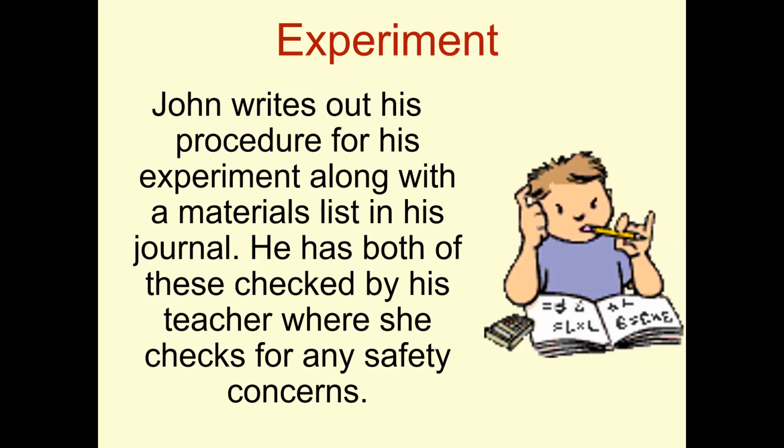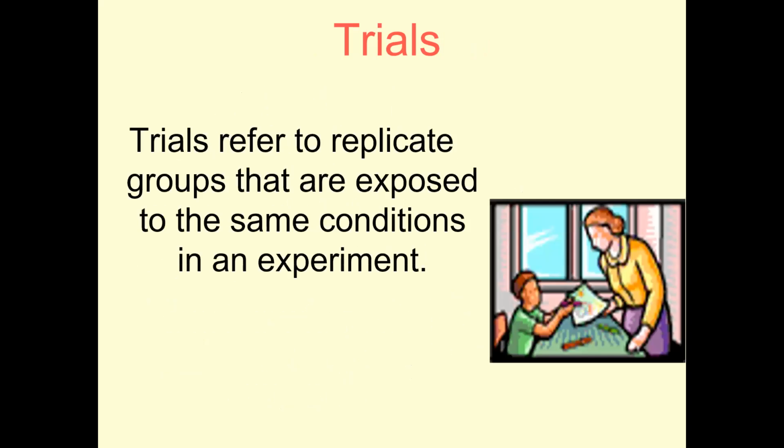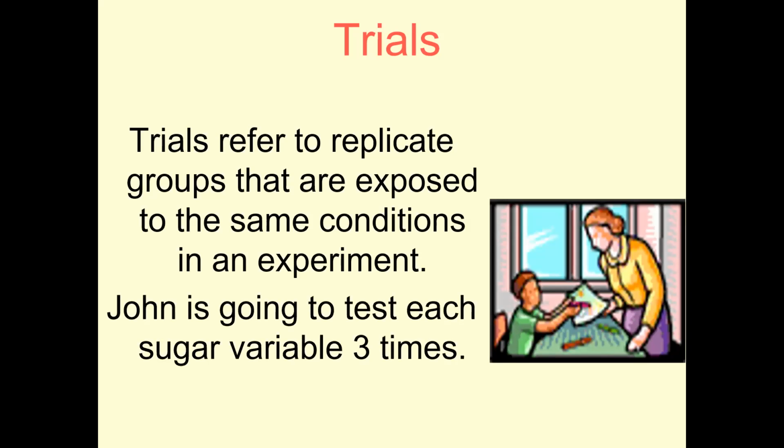So each time he has to bake at least 3 loaves, because you need to be able to replicate that answer. If you are going to do that, then you must have multiple trials. And he has chosen 3, which is wise, because otherwise that's a lot of bread to be baking.